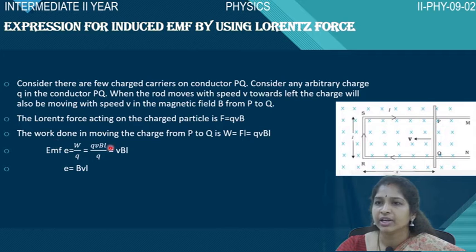So the work done in moving the charge from P to Q is, we know work is force into displacement. Here the charged particles are moving from P to Q, that means they are moving in the conductor of breadth L. So charge is moving from P to Q in the sense it is moving across a distance L. So work is force into that displacement L. So W equals F into L. What is F?